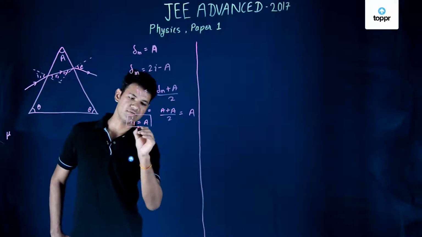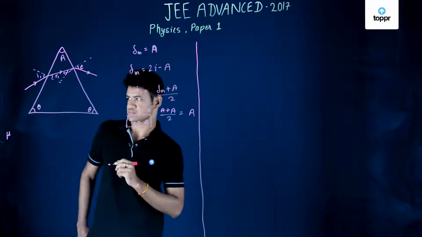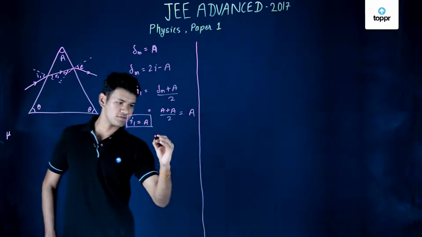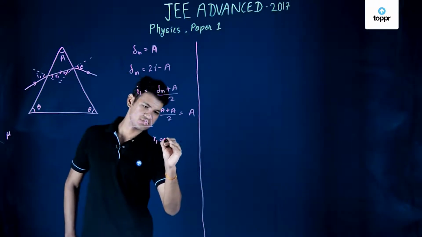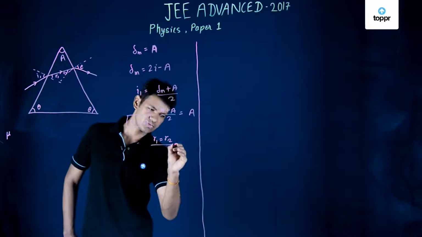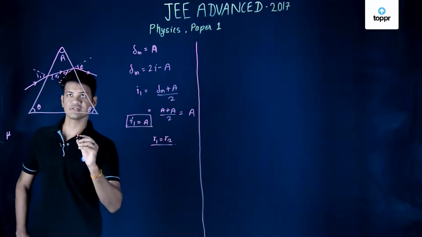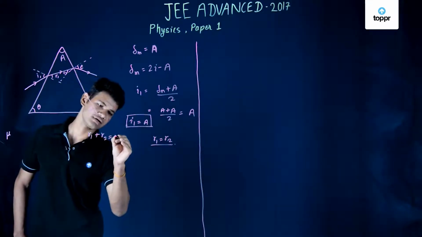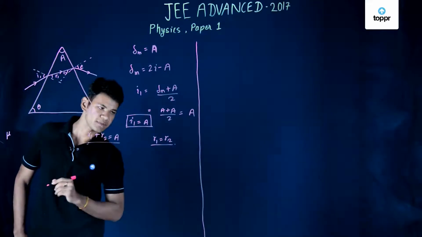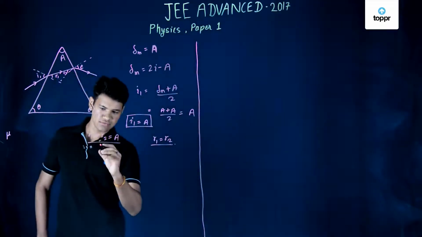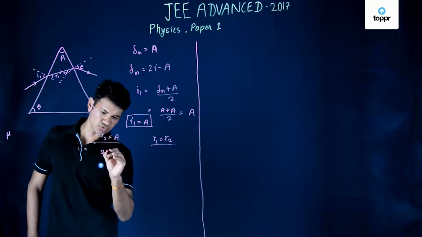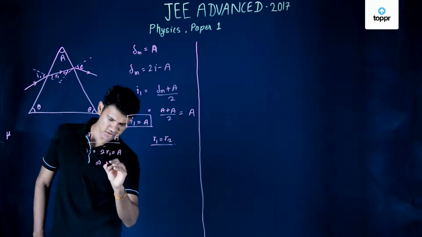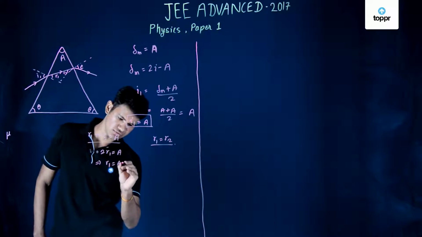Now we need to find the value of R1. For minimum deviation we know that R1 is equal to R2. Also there is one geometrical condition, R1 plus R2 is equal to A, which is always true. So using these relations we can say that 2R1 is equal to A, which implies R1 is equal to A by 2.